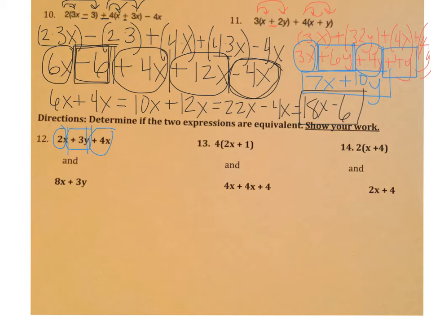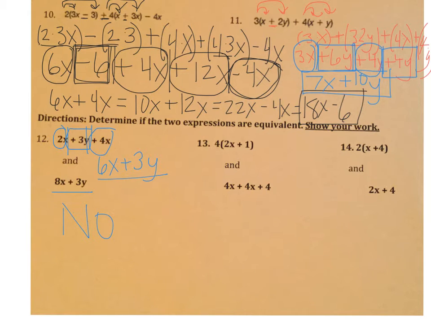Well, 2x plus 4x will give me 6x, and then I am going to add on my plus 3y. So that's in simplest form. And then we notice that this other expression is already in simplest form as well. Well, if we look at both expressions, the top one has 6x and the bottom one has 8x, so no, they are not equivalent.